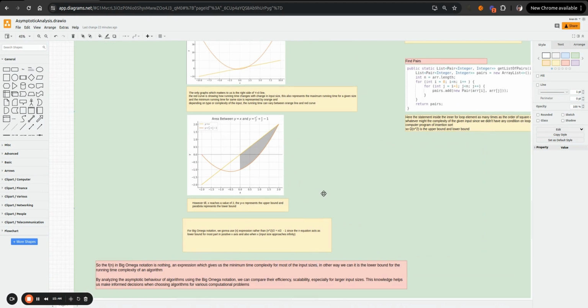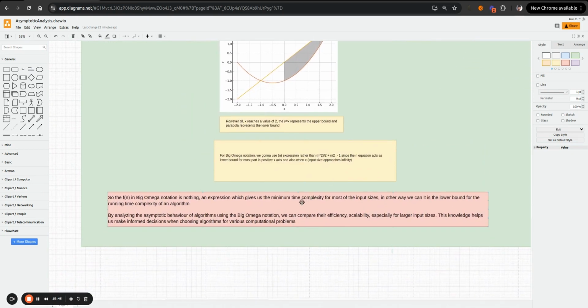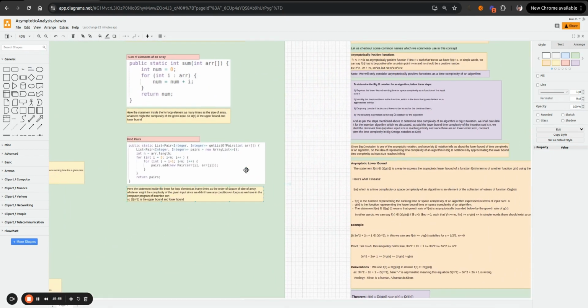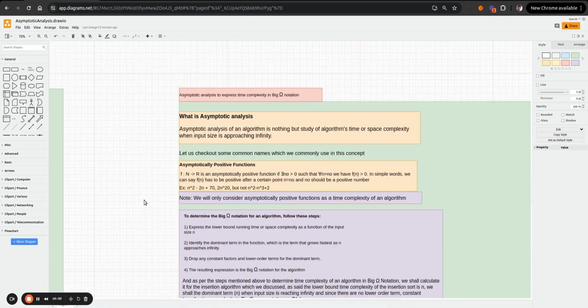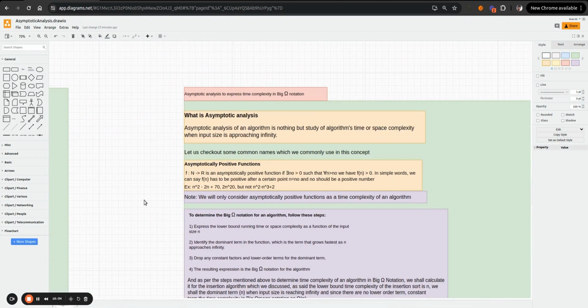So this is what big omega is all about. Basically, big omega is nothing but an expression which gives us the minimum time complexity for most of the input sizes, mainly for larger input sizes, because we do an asymptotic analysis. So what is asymptotic analysis? Since we have understood big omega, now we will see what asymptotic analysis is.